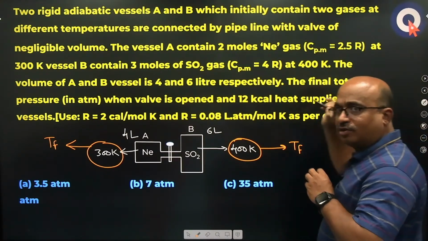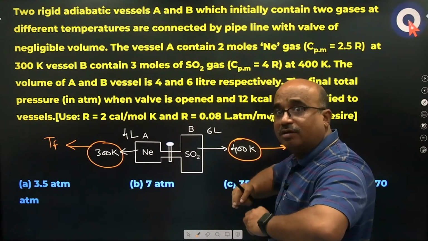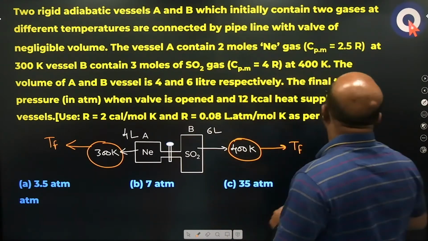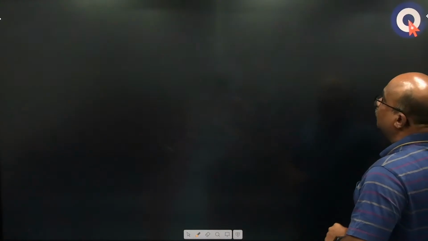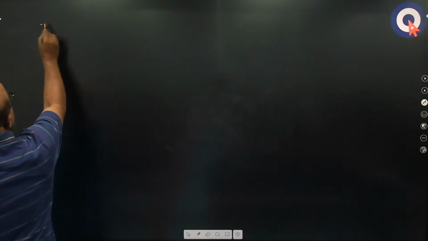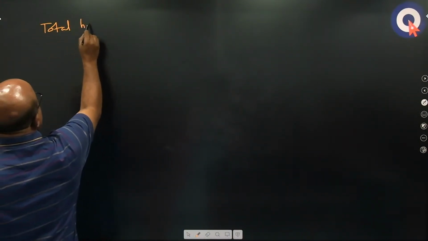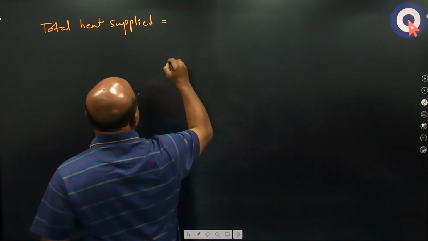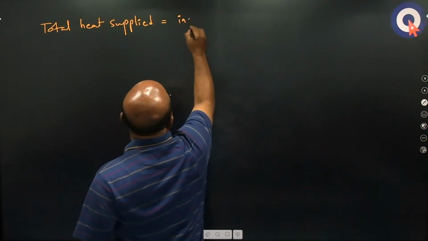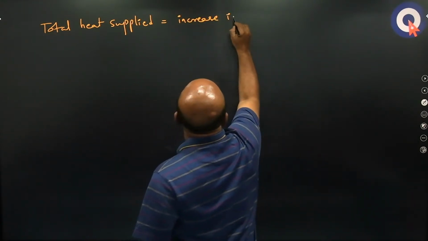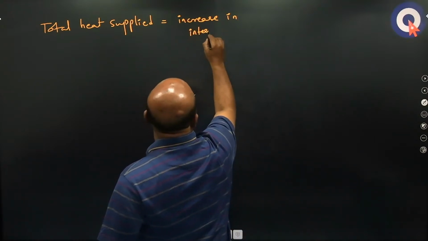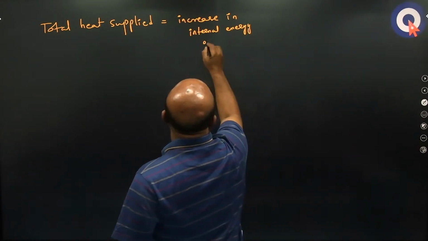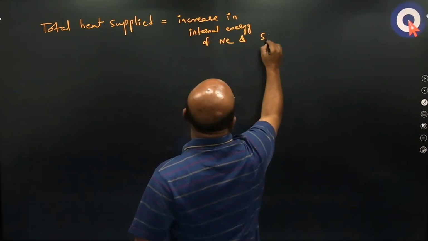Whatever we supplied will increase the net temperatures of both the containers and they finally reach the same temperature. So now we see the total heat supplied is equal to the increase in internal energy of neon and SO2.